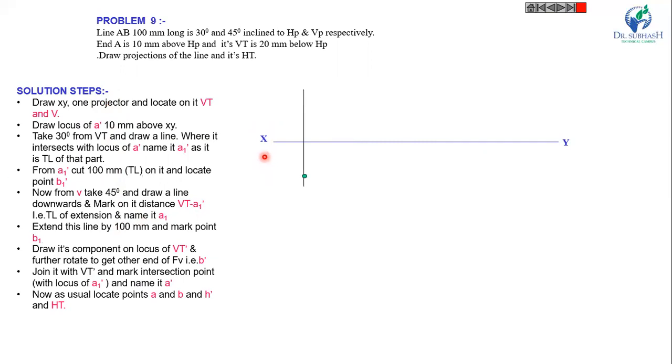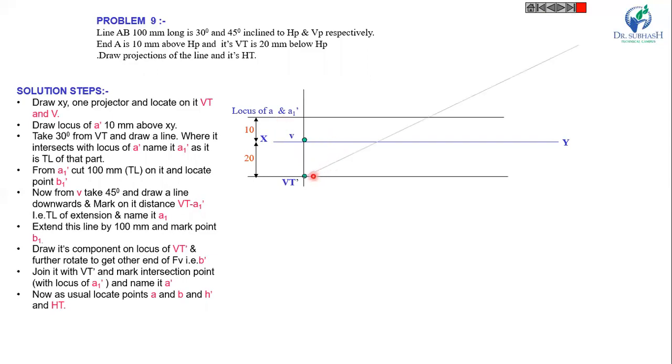First of all, mark the VT here and V. Now draw the locus from VT parallel to XY, at a distance of 10 mm here and 20 mm. VT is 20 mm below HP. This is the locus of A and A dash.